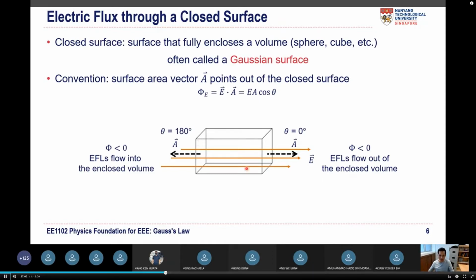And then the one that is in front of us is going to be pointing towards us, out of the screen. Whereas this surface at the back is going to be pointing into the screen. Okay. So I hope this is very clear to you.